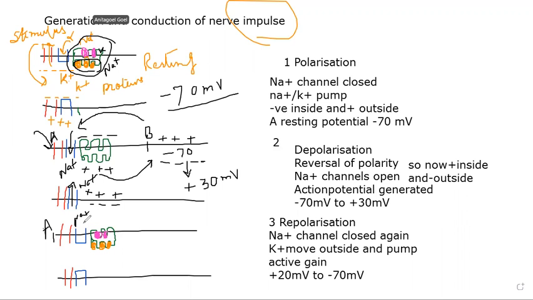Now sodium ions cannot move inside, but there are still leaky channels for the potassium ions. So now the potassium ions start moving out. As more and more potassium ions go outside, from positive 30 it starts moving towards negative.